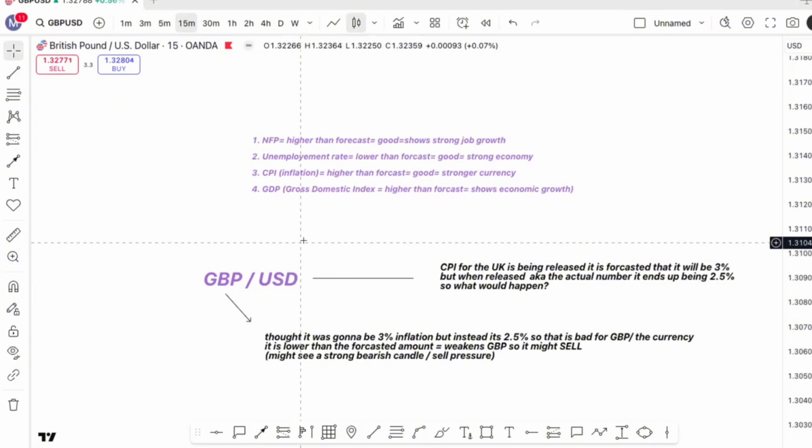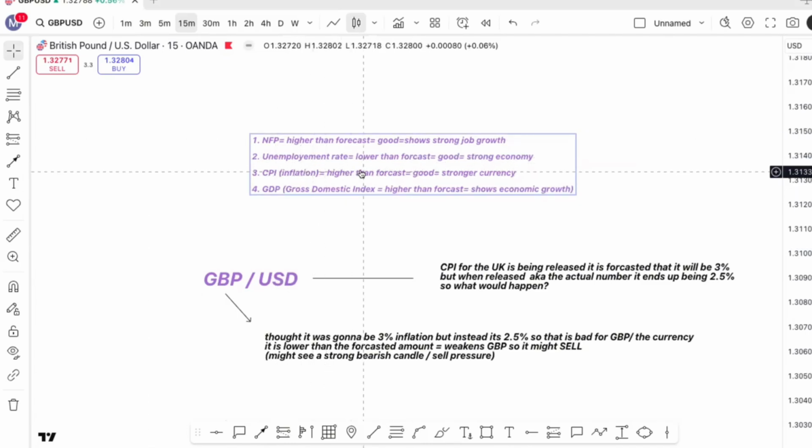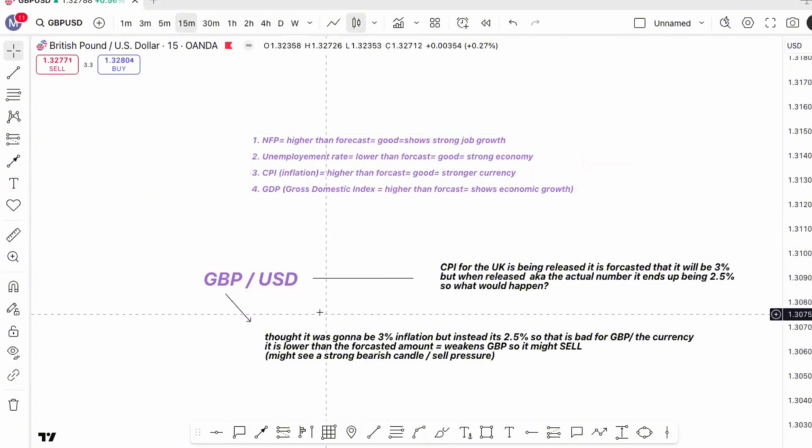If they thought it was going to be 3% for inflation, for CPI, but it's 2.5%, that's not good for GBP. That is not good for the currency because it's lower than the forecasted amount. It's not showing a stronger currency, right? Because we define that usually CPI, when it's higher than forecast, is good because it's stronger for that currency. Meaning, in this case, it's going to weaken GBP.